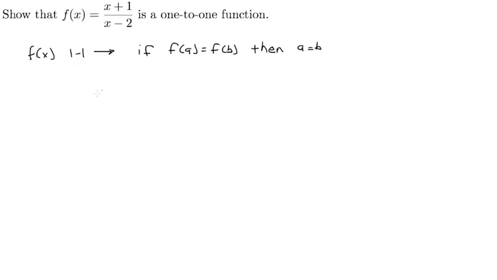This is exactly what we do to show that it's 1-to-1. We're going to start here. Suppose that we find that the result of this function for 2 x values is the same, and then conclude from that that the x values themselves had to be the same originally.